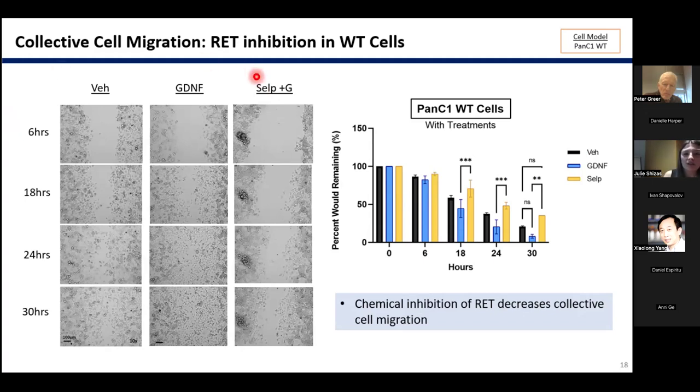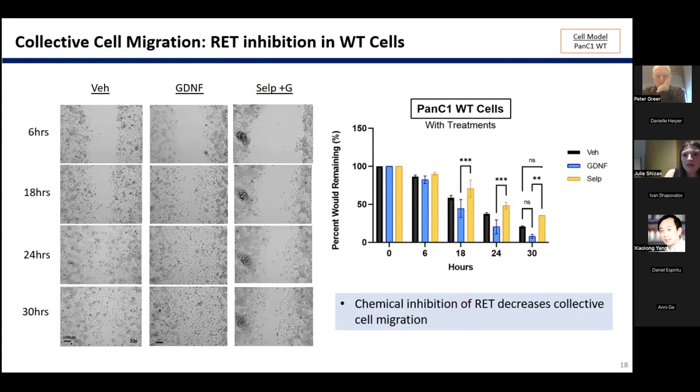What we see here is that chemical inhibition of RET also decreases collective cell migration over the 30-hour time frame compared to the GDNF treatment, but not compared to the vehicle, so that's without RET activation.